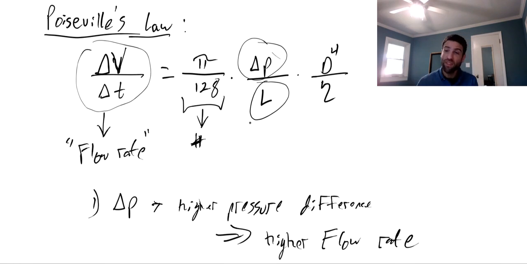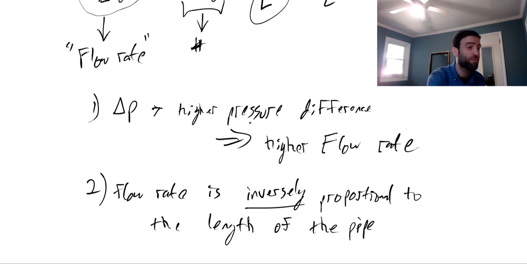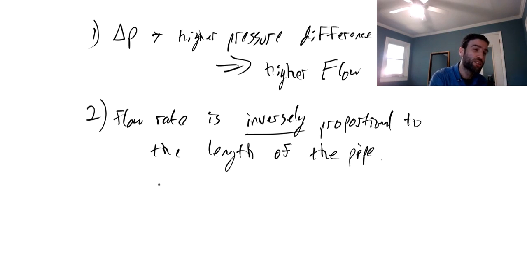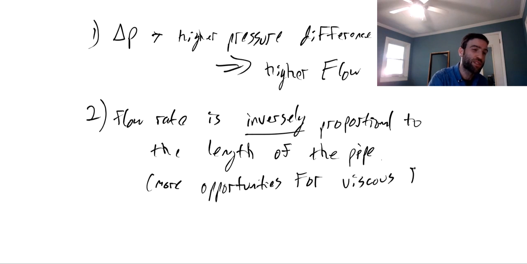The way that we should think about that is the longer the hose is, the more opportunities there are for these viscous forces to slow down the motion of the fluid through the pipe, right? So you might say more opportunities for viscous forces to oppose relative motions.